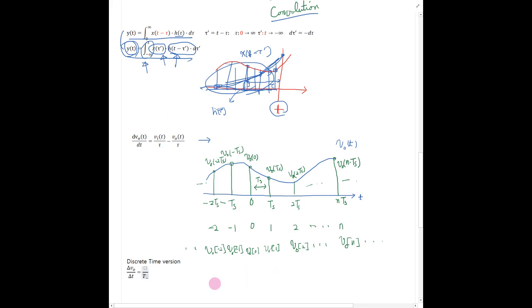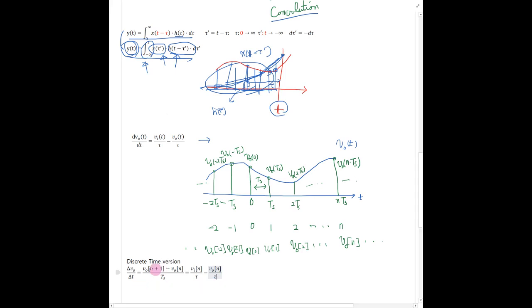The voltage difference is the sample-to-sample difference, so vo[n+1] minus vo[n] is delta v, divided by Ts, equals vi[n] over tau, since the input is also sampled every Ts seconds, minus vo[n] over tau.